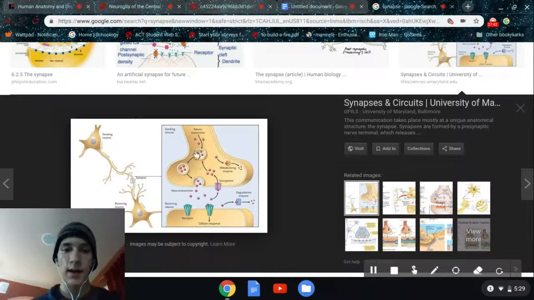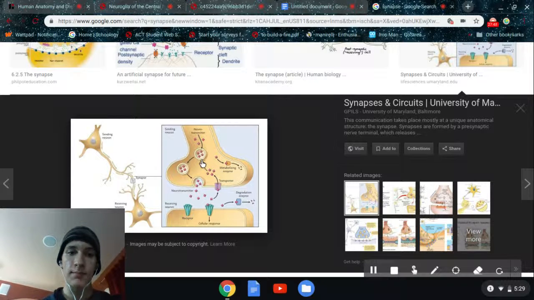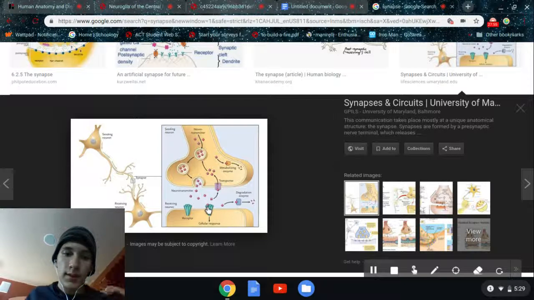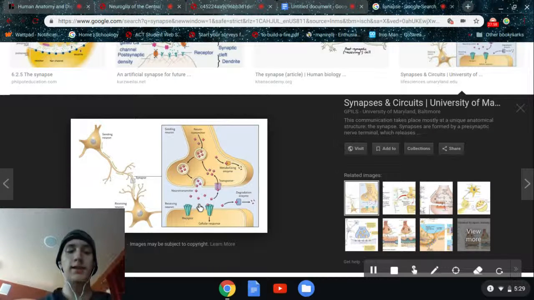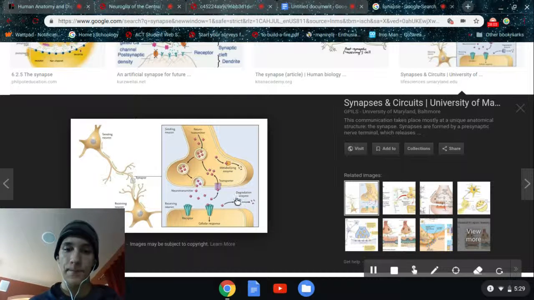As the action potential goes down this length, it comes here and pushes a couple of these out, which lands on a receptor, letting sodium in and perhaps starting a wave of action potential. After the neurotransmitter has done its job, it's taken care of by an enzyme or sucked back up in a process called reuptake, which takes back up the neurotransmitter.